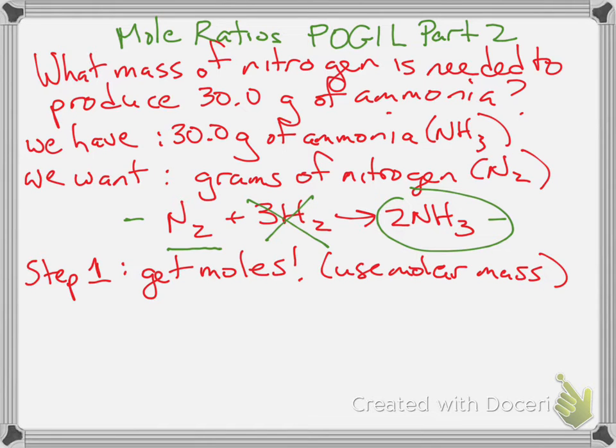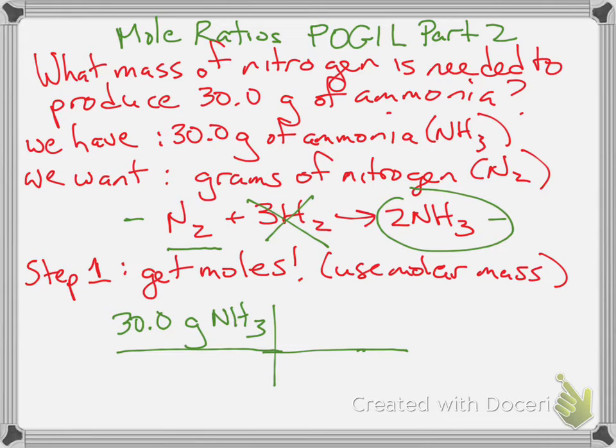If we have the mass, we know how to get moles because we take the molar mass of that substance and divide by that molar mass to get the number of moles. So I'm going to write that in here. We start with our 30.0 grams of ammonia, NH3. I find it very helpful to write in the formula for the substance, just so I keep track of what I'm working with.